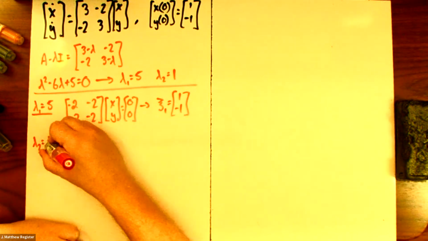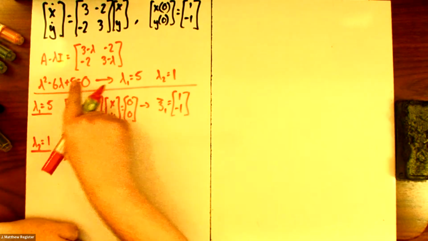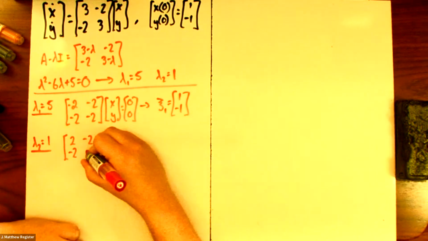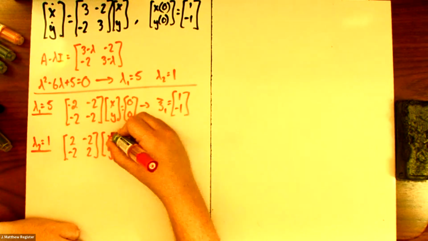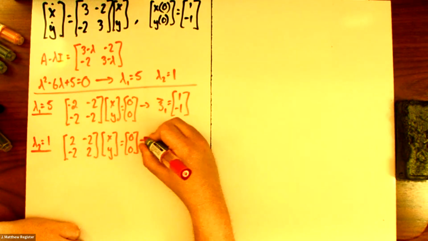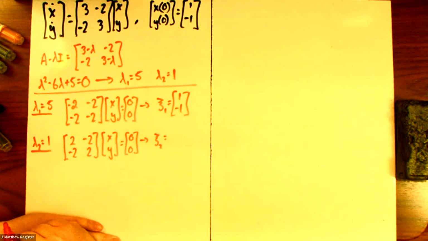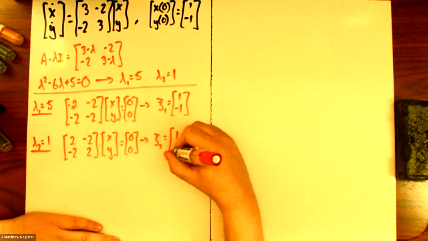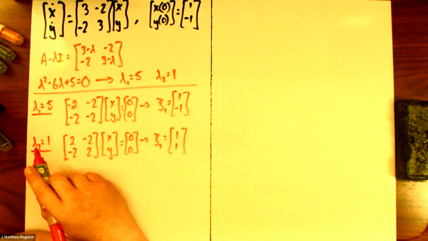For lambda 2 equals 1, same process. 3 minus 1 is going to be 2, -2, -2, 2, times xy equals 0, 0. So our corresponding eigenvector in this case is going to be 1, 1. And so now we have the eigenvectors and the eigenvalues.